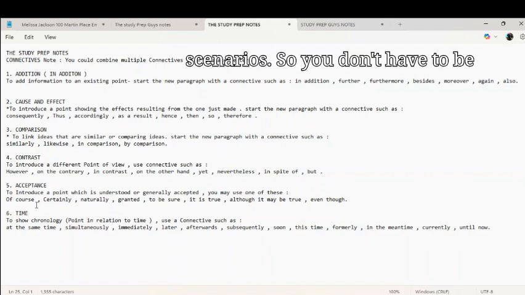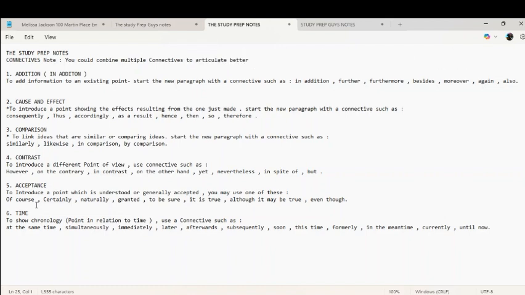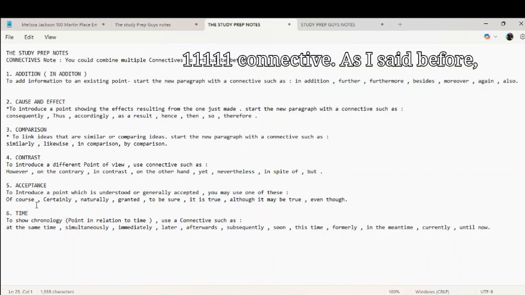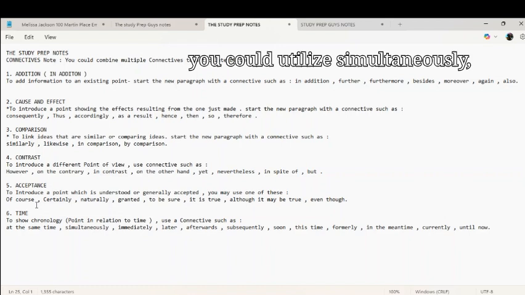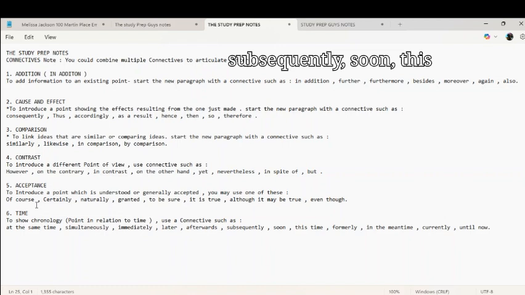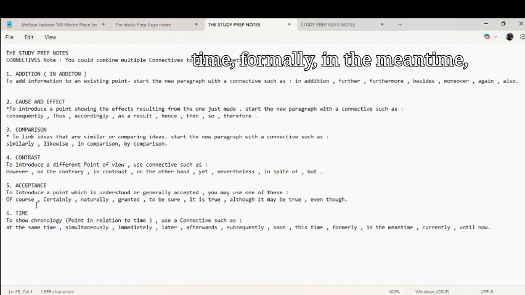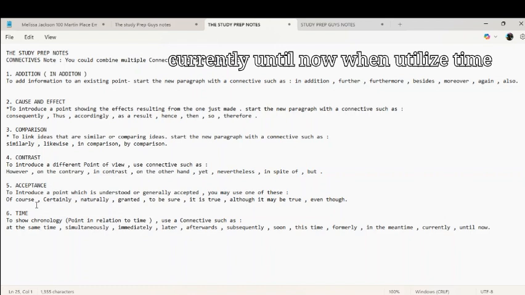So you don't have to be confined to only one connective, as I said before. You could utilize simultaneously, immediately, later, afterwards, subsequently, soon, this time, formerly, in the meantime, currently, until now.